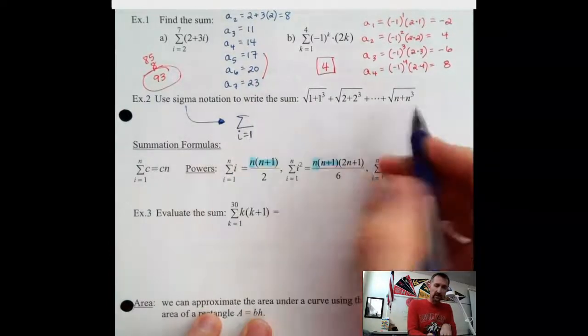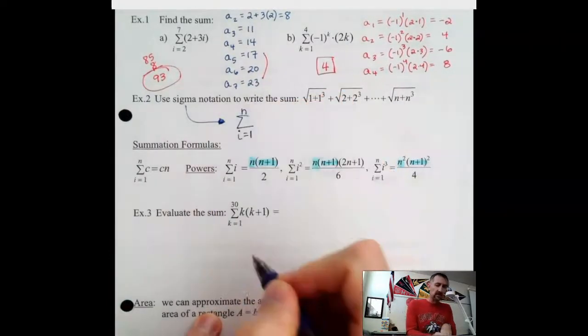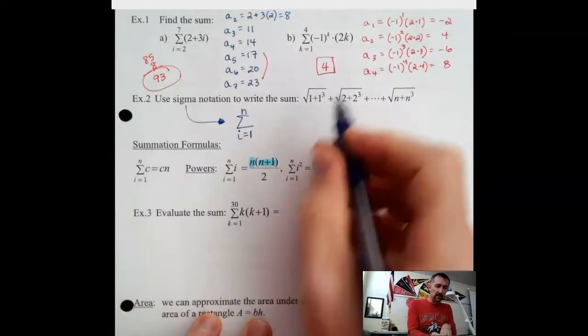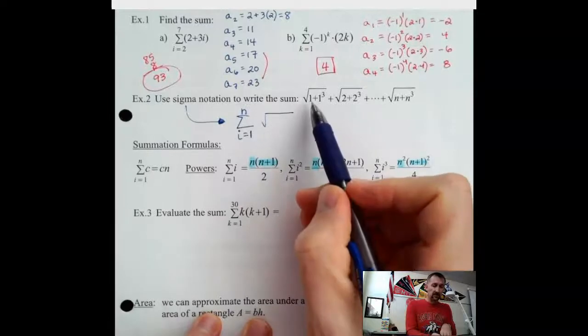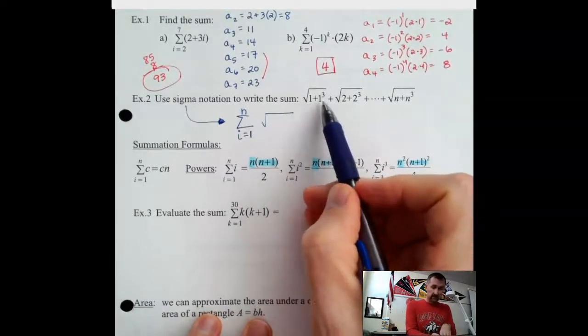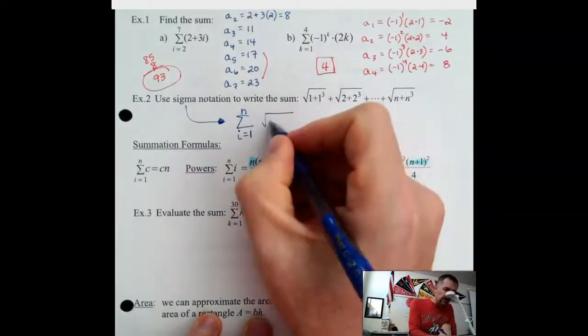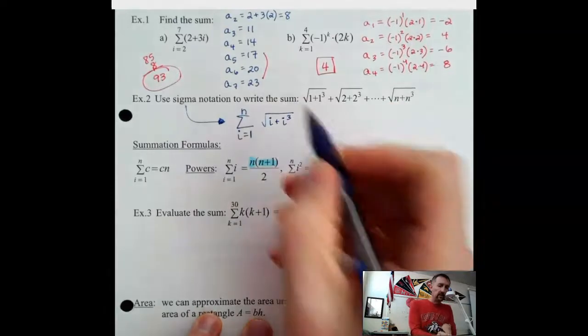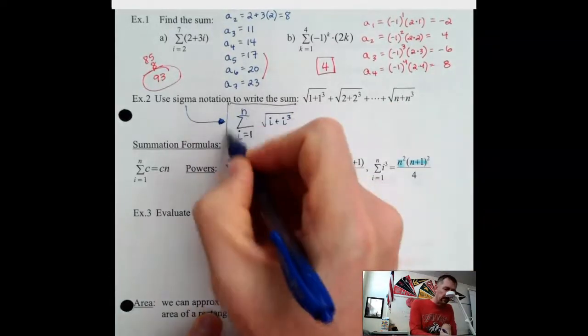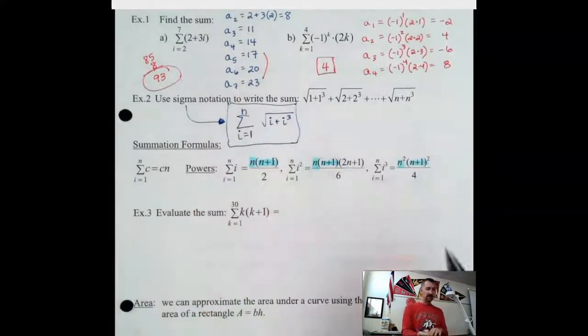So I'll start with 1. It looks like we're ending with n. So I'll put n right there, and it looks like it's a square root. And then it looks like I plus I cubed. So it's going to be I plus I cubed. And that's it.